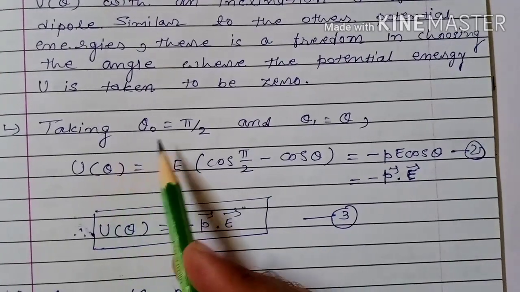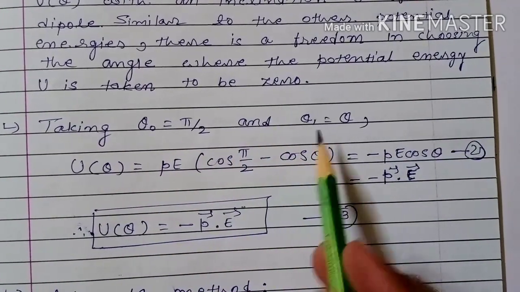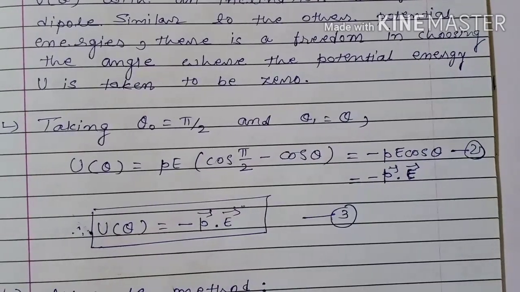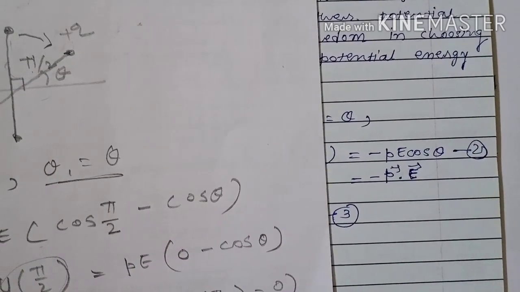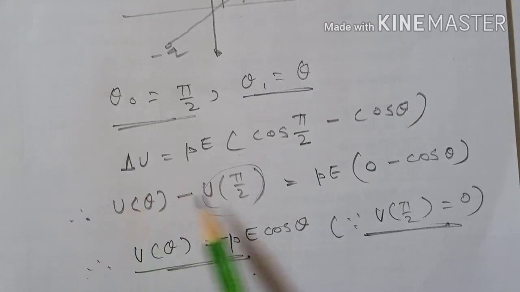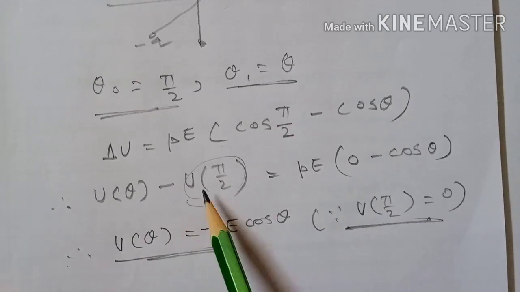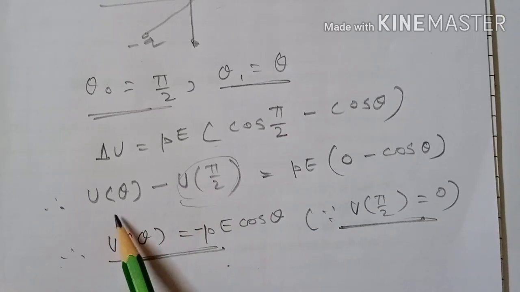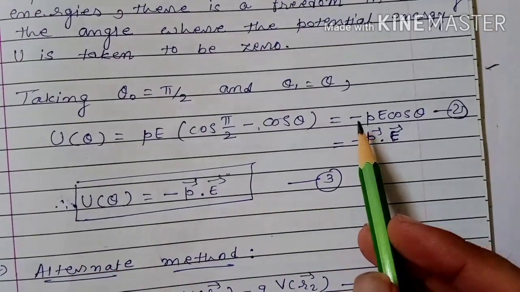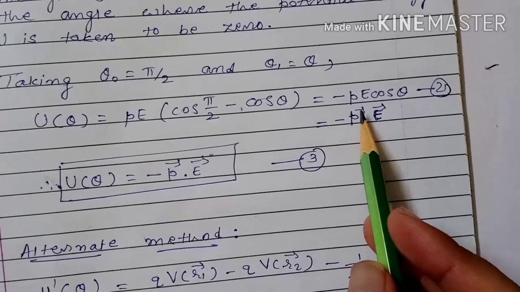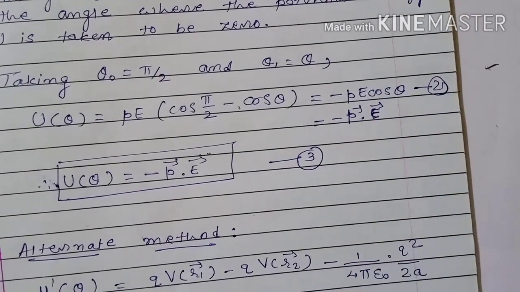So taking theta naught equal to pi by 2 and theta 1 equal to theta, we can get the potential energy at a particular angle. This is the assumption that we have taken, potential energy at pi by 2 is 0. So U theta is equal to minus Pe cos theta, equation number 2.